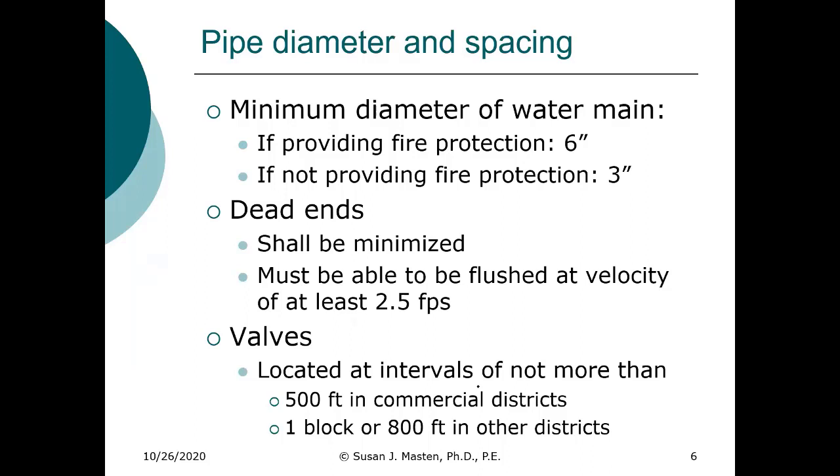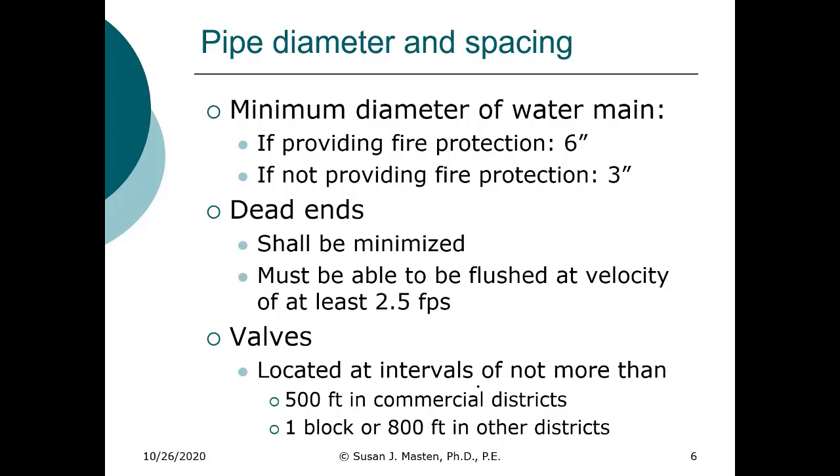In that case, the minimum diameter of your water main is 6 inches, because during a fire, you need to be able to pump large volumes of water very quickly. If you're not providing fire protection, then 3 inches is the minimum diameter.